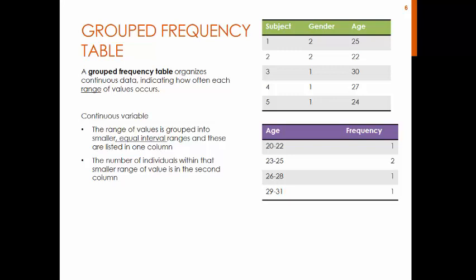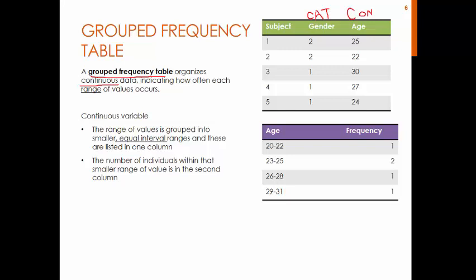A grouped frequency table is for continuous data. So our gender was categorical, and for that we used a bar chart. Our age is continuous, so for that we're going to use a grouped frequency table.